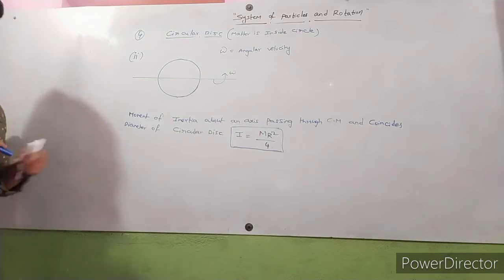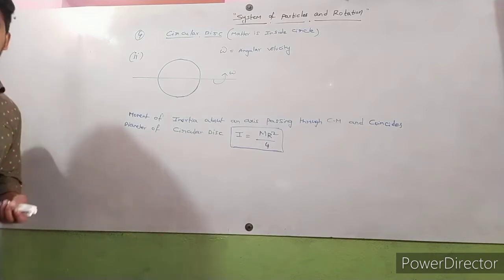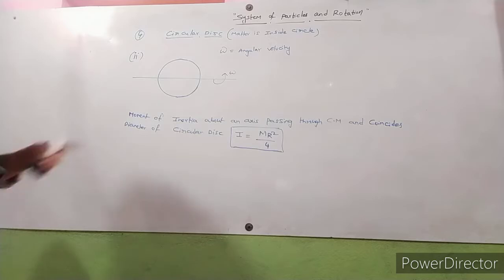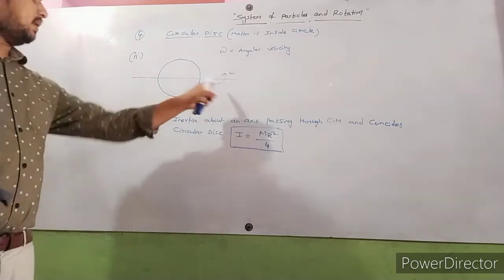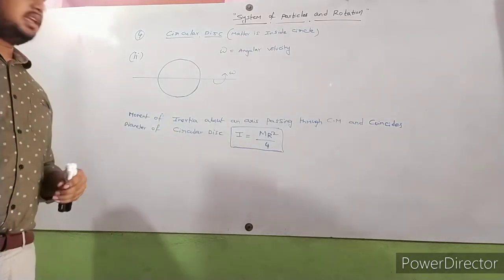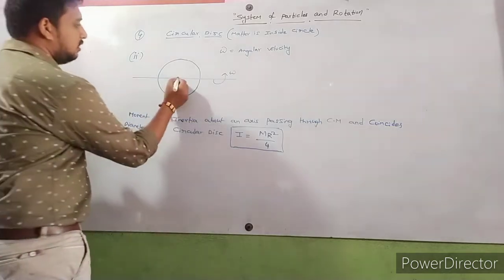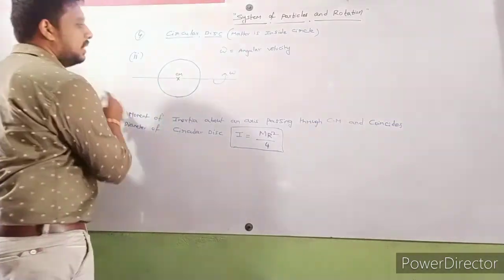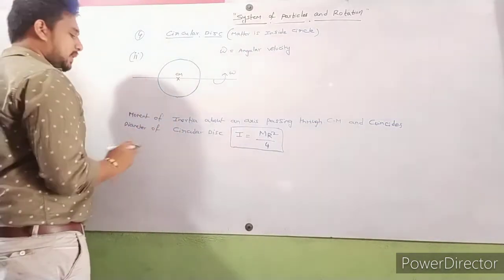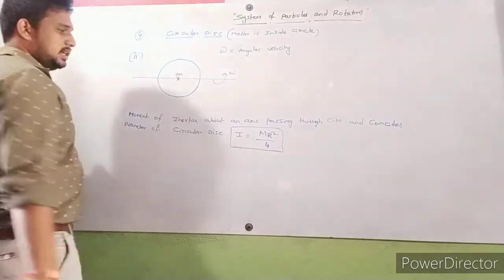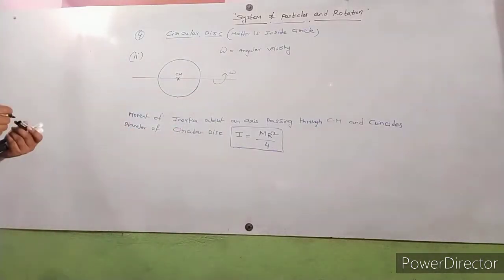So this is the second case. This is the center of mass. I is equal to mr square by 4.